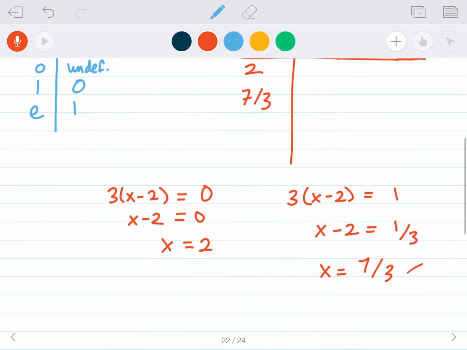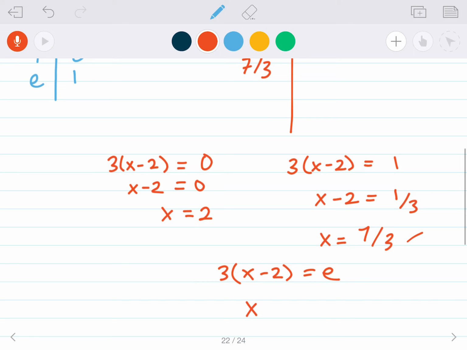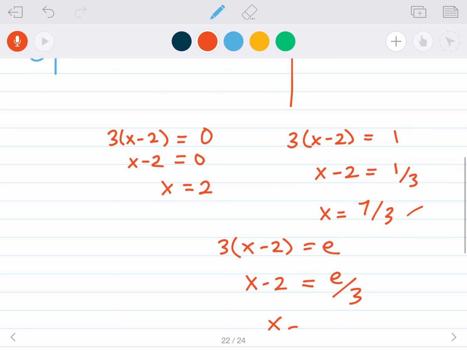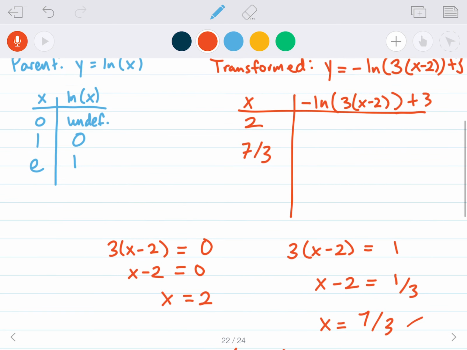And finally, for my third x value, 3 times x minus 2 is equal to e. Divide both sides by 3, x minus 2 equals e over 3. And if I add 2 to both sides, I just get x equals e over 3 plus 2. And I'm just going to leave that as it is for now.